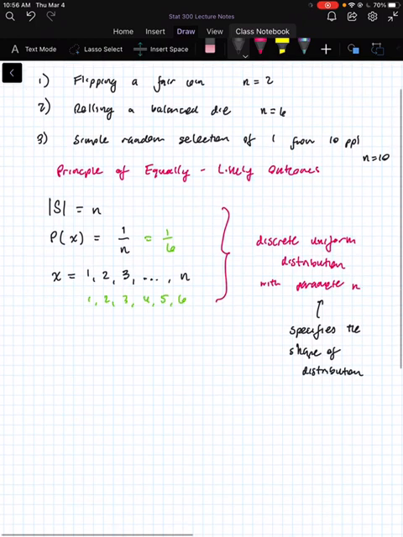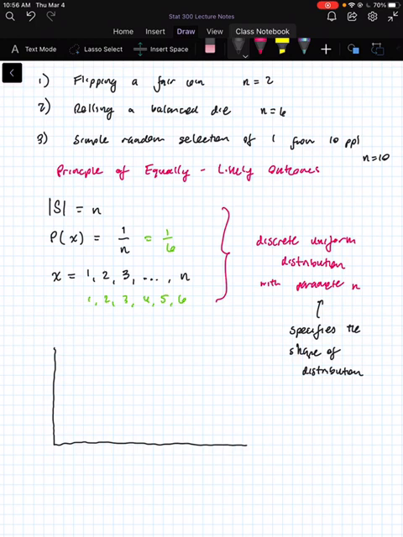So, like we mentioned, for these different examples, they're all going to have the same fundamental characteristics. For instance, for the random selection of 1 out of 10 people, we have 1, 2, 3, 4, 5, 6, 7, 8, 9, 10. So we take those 10 people, label them from 1 to 10, and the random selection of one of those people means that we land on, say, x equals 6.